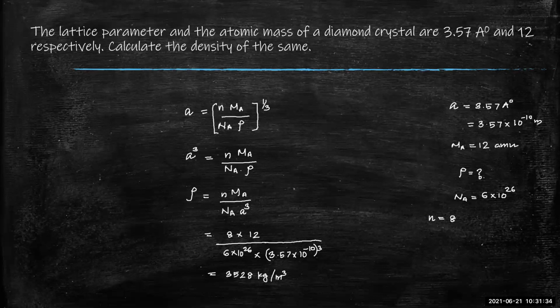Here, if we use 6 into 10 raised to 23 for the Avogadro number, the result will be in gram. Then an additional 3 digits will be there. Dividing that quantity by 1000, or 10 cube, we will get this as the answer.